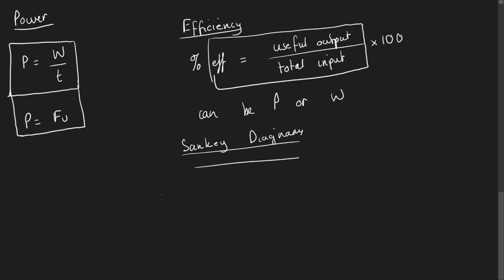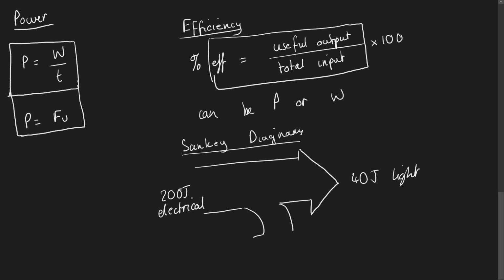So let's say we had 200 joules of electrical energy coming in to the light bulb, and we end up with 40 joules of energy going to light energy, which is the useful energy because it's a light bulb, we want it to light up. And then the rest of it comes down here and comes out in the form of 160 joules of heat energy. Okay, so this is one way we can represent how efficient something is.